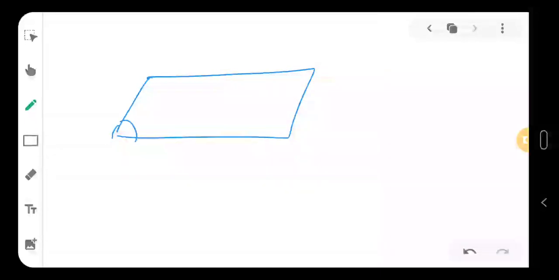So you have to take some different shape, like a parallelogram. In the case of a parallelogram, say you have to find this angle x and nothing is given to you except one thing, this angle. Let's say it is given as 100 degrees.